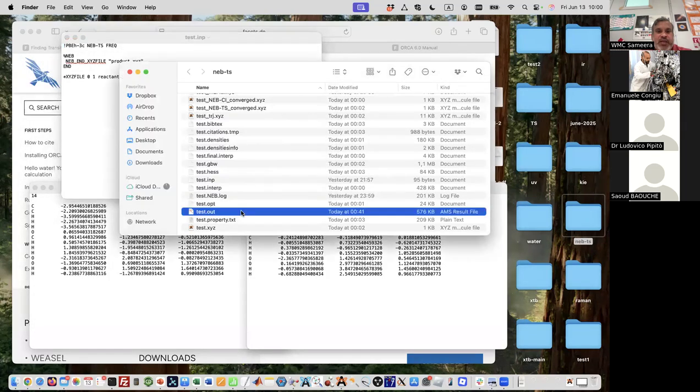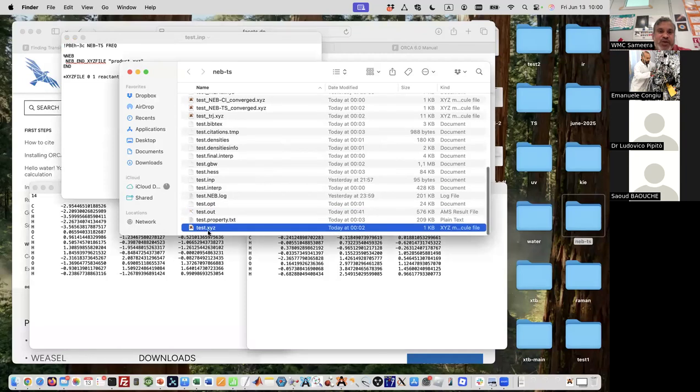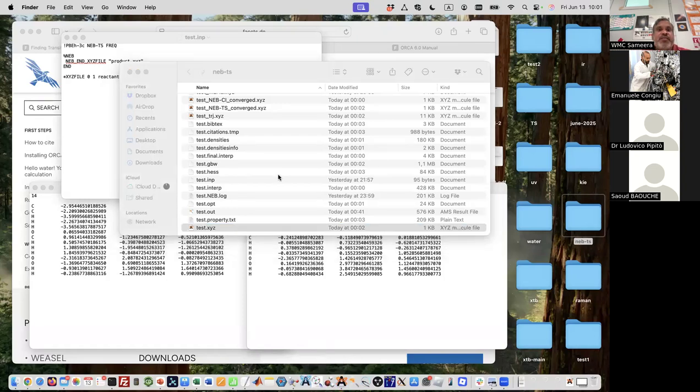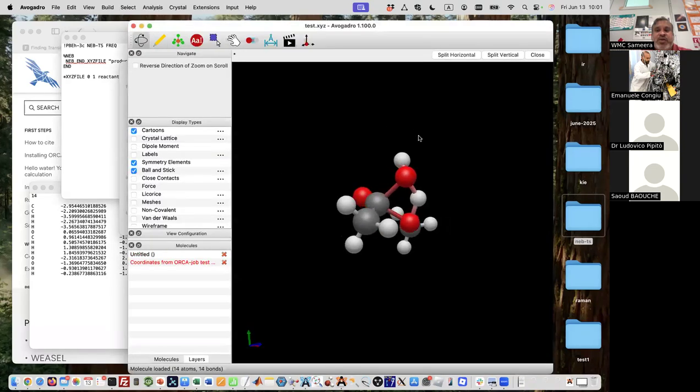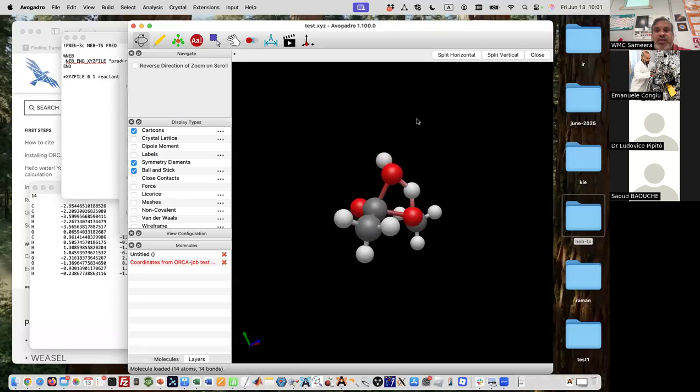Okay, let's look at the XYZ file, which generates the final structure, the transition state structure in this case. You can open that structure using Avogadro software, and you will see the transition state. So in here you can see that an atom is moving from one oxygen to the other oxygen.